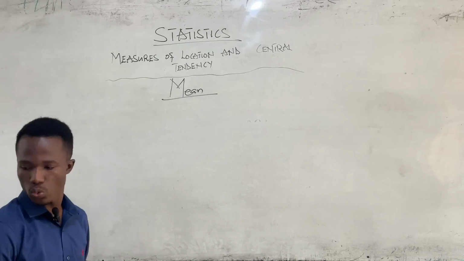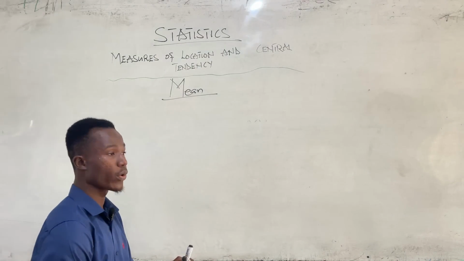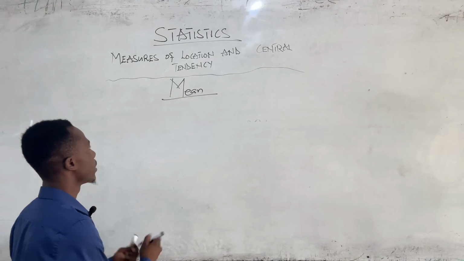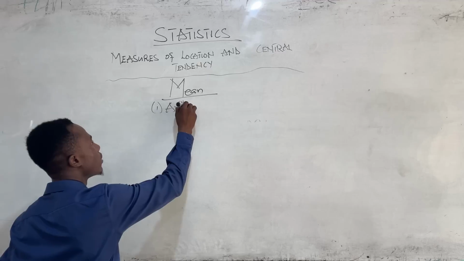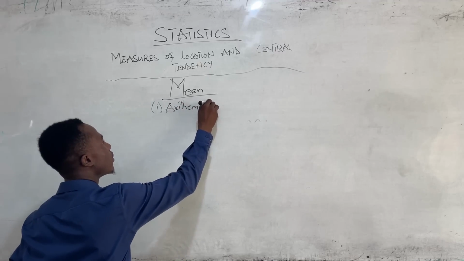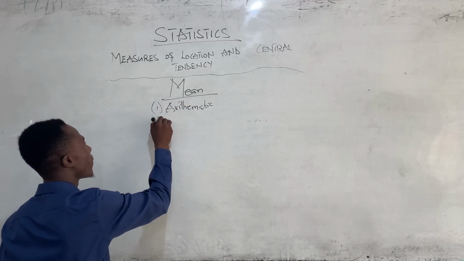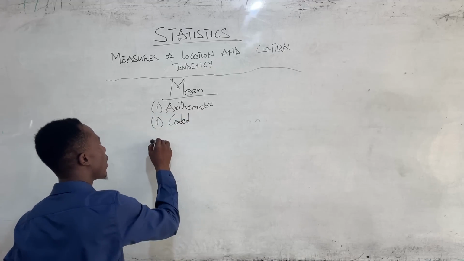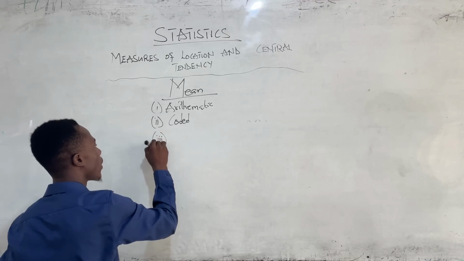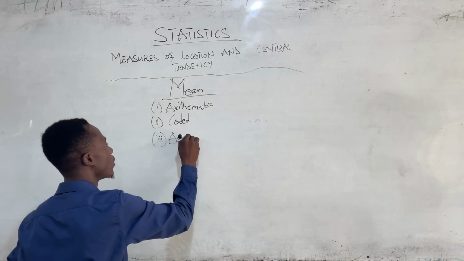With mean we have three ways of calculating it: arithmetic mean, coded mean, and assumed mean.